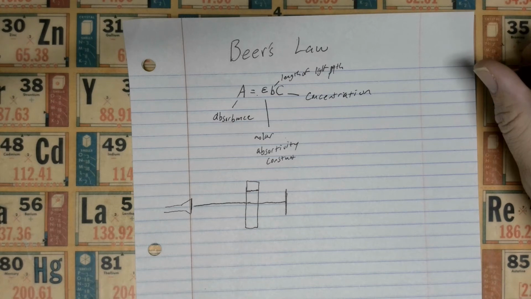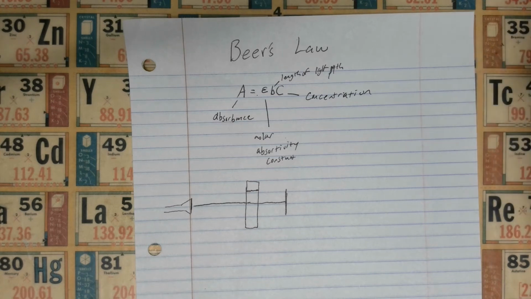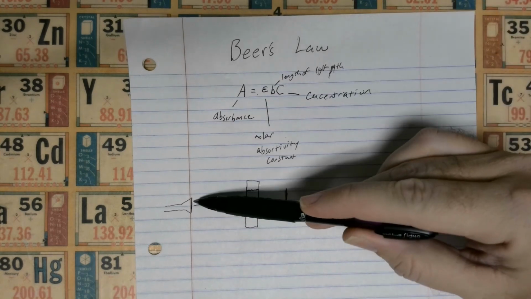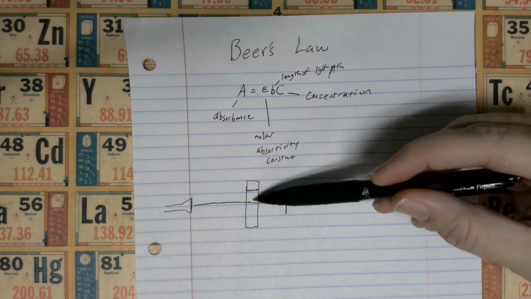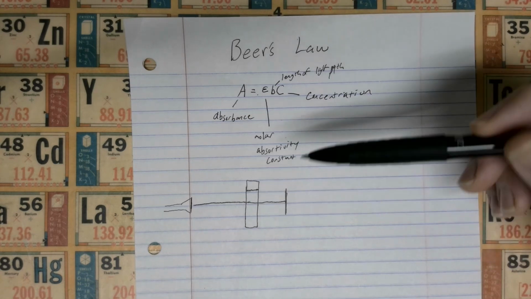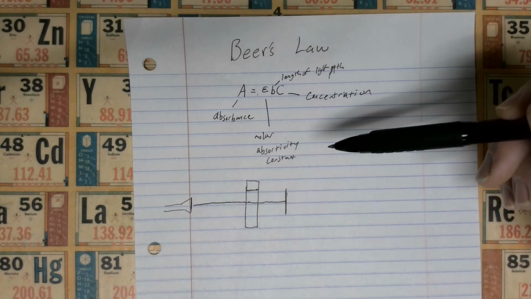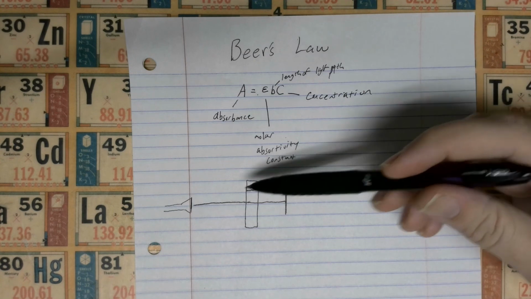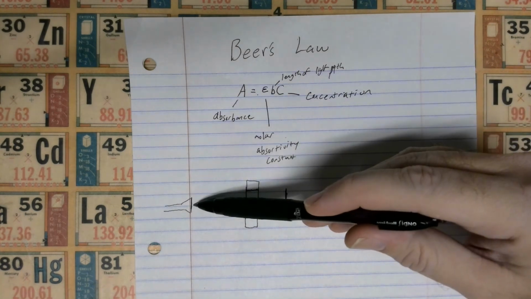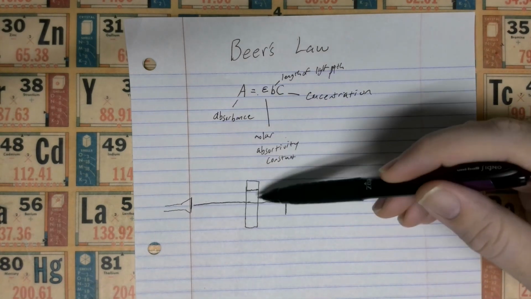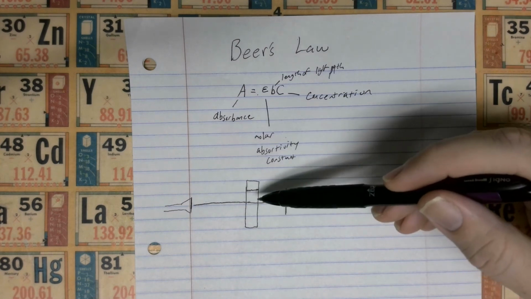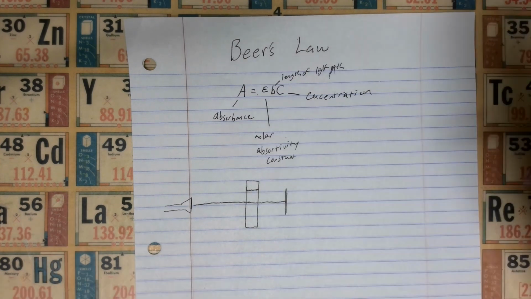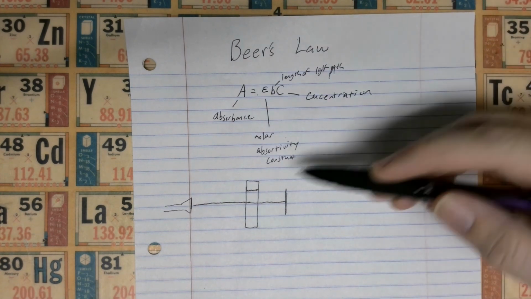A couple of factors that play into this: we can change the wavelength of light. For instance, if we have a blue solution, something like copper sulfate, and then if we have a blue light source hitting a blue solution, well, a blue solution reflects blue light, so it's not going to absorb much.